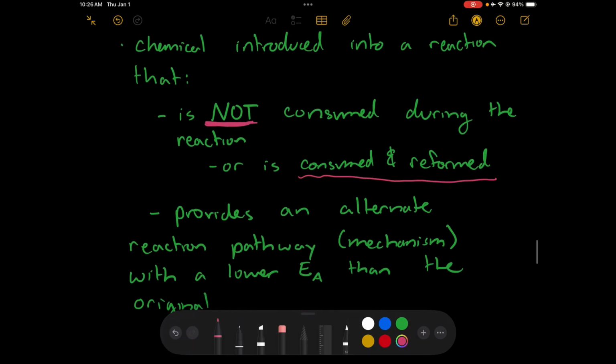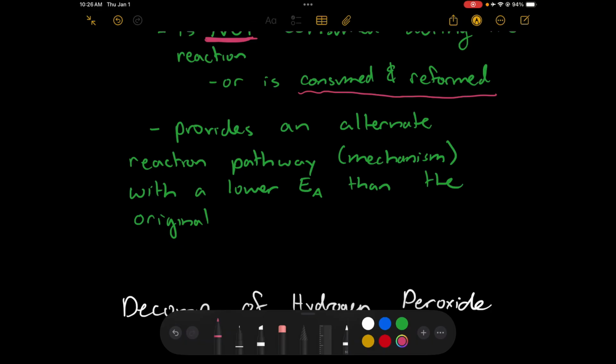But B, more importantly, that catalyst is going to provide an alternate reaction pathway or mechanism. And that alternate reaction pathway has a lower activation energy requirement than the original reaction. So by adding a catalyst, you're providing an alternate pathway that's easier to do. And so therefore, it's going to speed up the reaction.